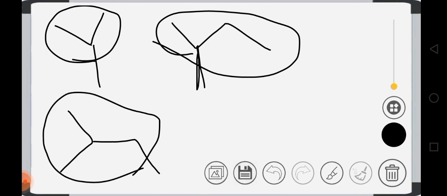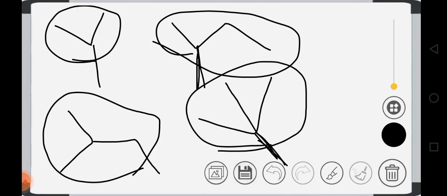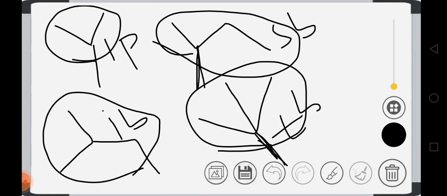Then our tertiary was like this. We call this one tert-butyl. This one is isopropyl. This one is sec-butyl. This one is isobutyl. This one is tert-butyl. Taking note of that is very, very important.